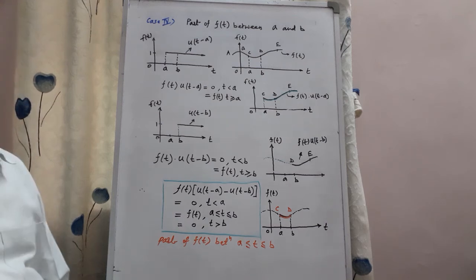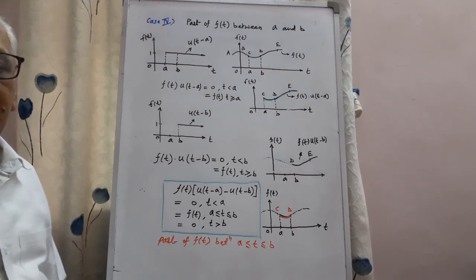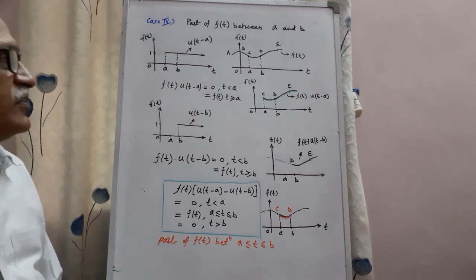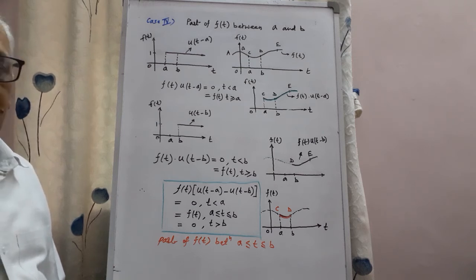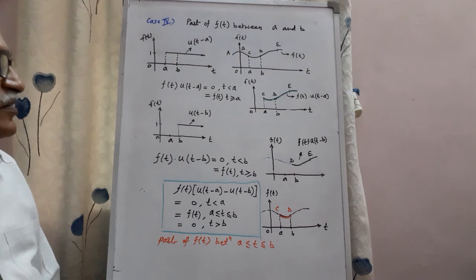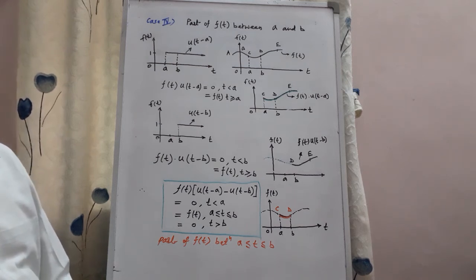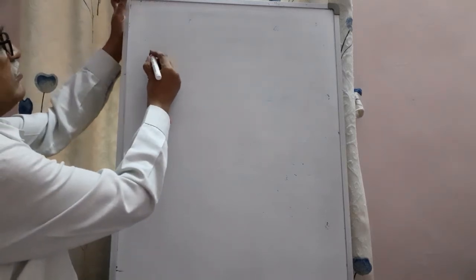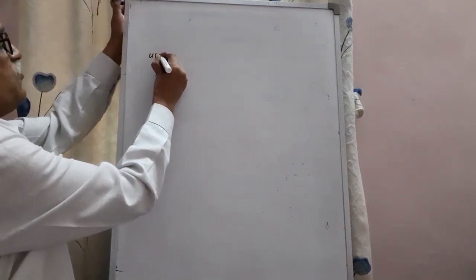Therefore, these are the 4 different cases I have explained for the unit step function and displaced unit step function multiplication to function f of t. Okay. Therefore, once again I will revise whatever standard results I have discussed. So, first of all, I will write the definition of u of t.